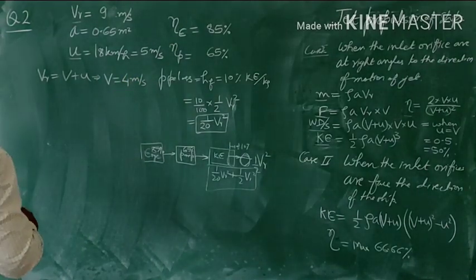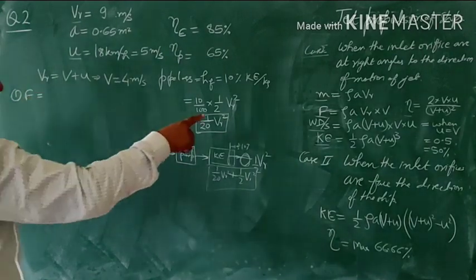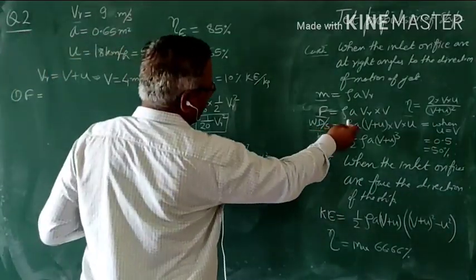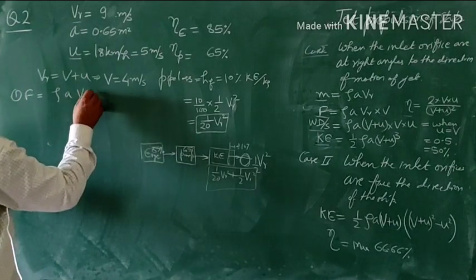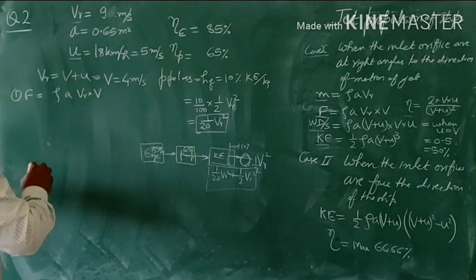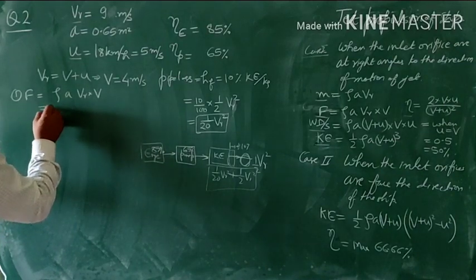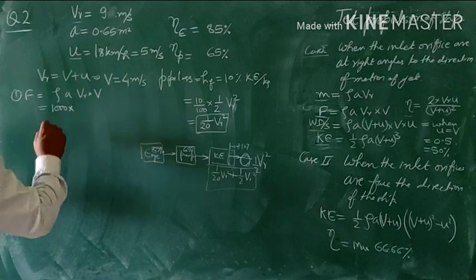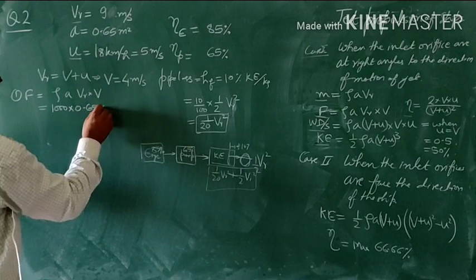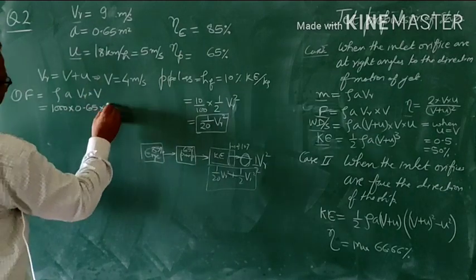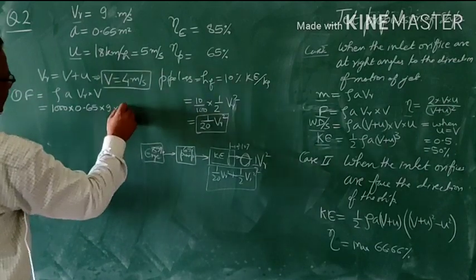Okay. Now the propelling force F. Propelling force F is given as rho A Vr into V. So we'll calculate the value of this propelling force, that will be equal to 1000 multiplied by the area of the jet, 0.65, multiplied by Vr, that is 9 meter per second, into V, that is 4 meter per second.